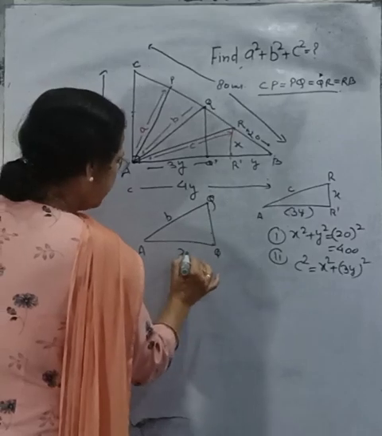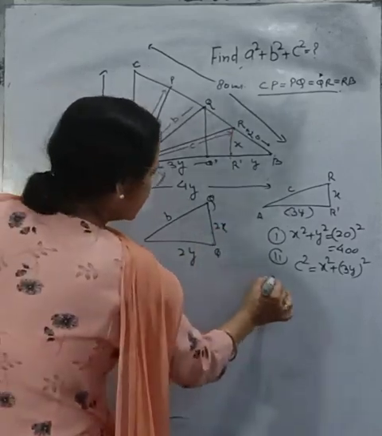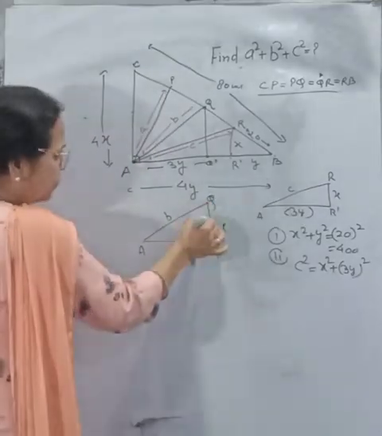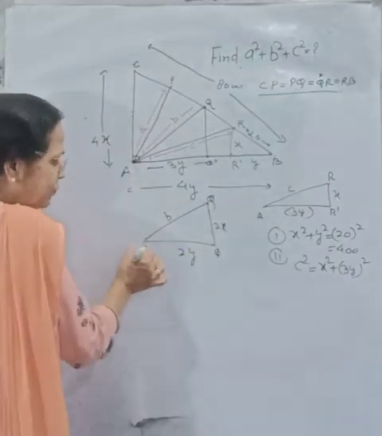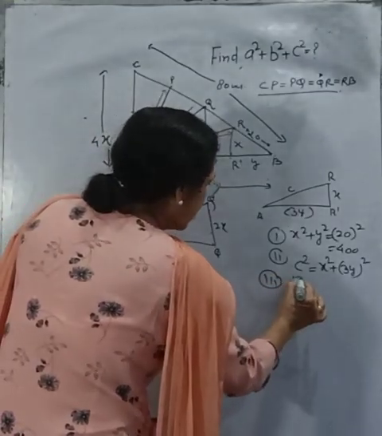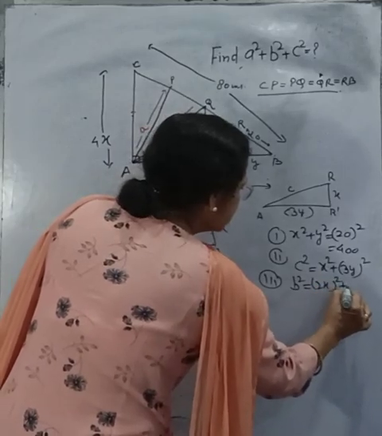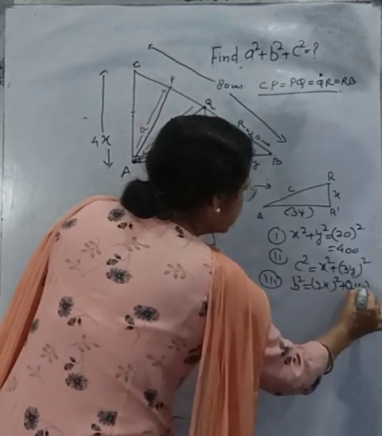That is 2y and this is 2x. So the third equation is b square equal to 2y whole square plus 2x whole square, that is b square equal to 2 times x square plus 2 times y square.